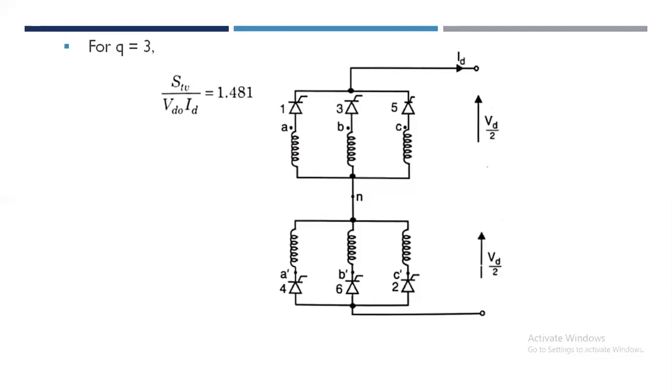This is possible since the terminals A and A dash, like B and B dash and C and C dash, are at the same potential with respect to the supply neutral. Thus, it is shown that both from valve and transformer utilization considerations, the bridge circuit is the best circuit for a 6 pulse converter.